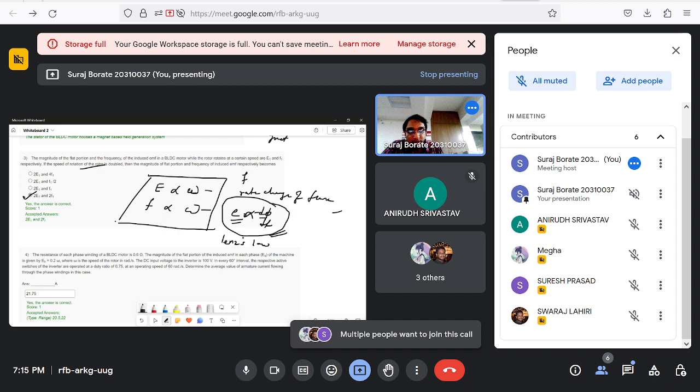But when they are saying each phase, there are two phases, so now there are 0.6 and 0.6, two resistances, and in each phase there will be a contribution from the back EMF, right?